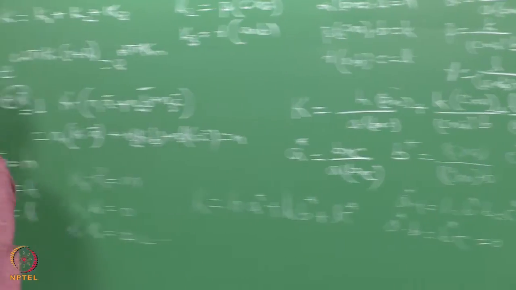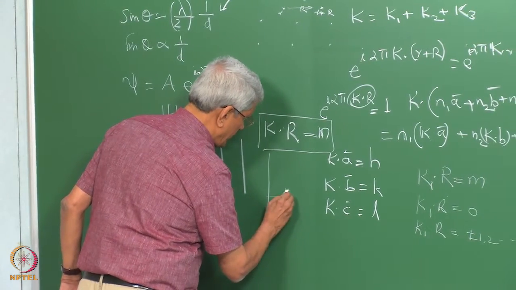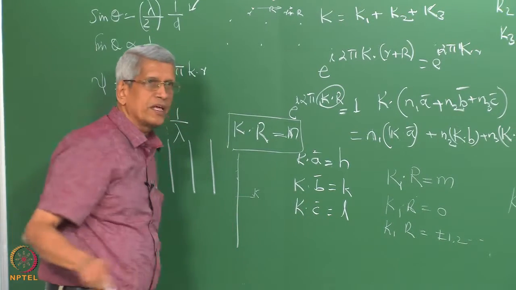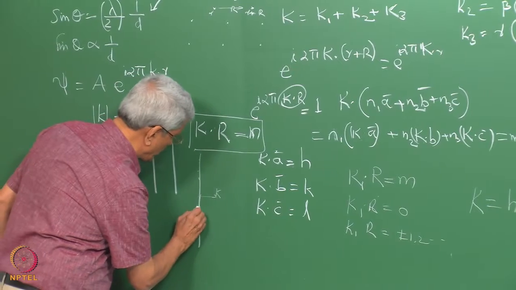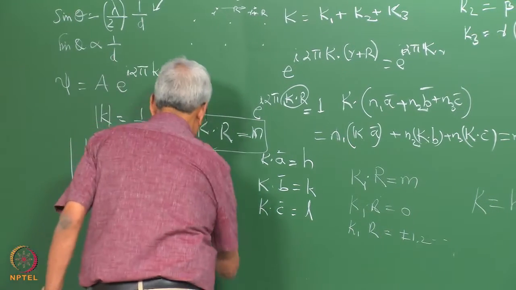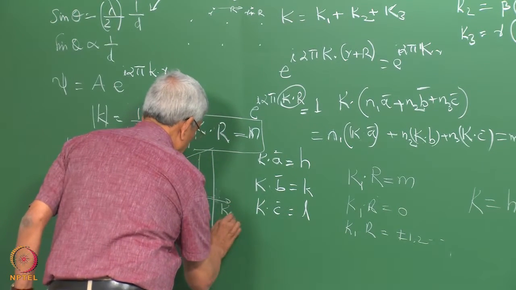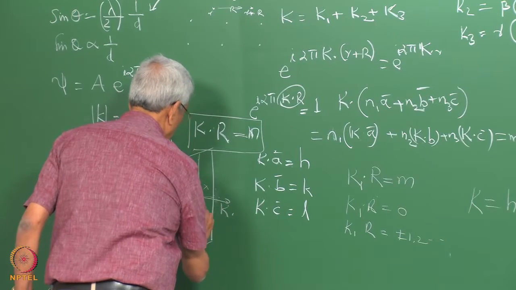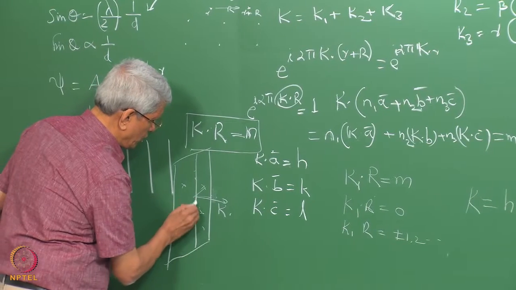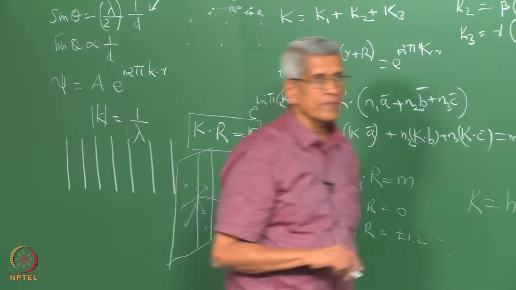So if I take a plane like this and suppose this is k1, then there can be many atoms in this plane, with vectors from here to here. If this is the origin, with r1, r2, r3 like this, so many vectors are there.